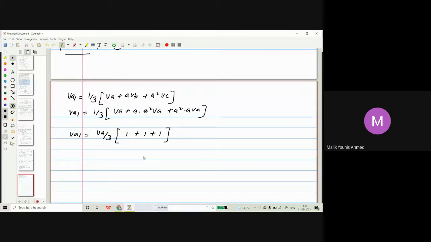Just a second. VA1 is what? Actually, VA plus AVB plus A square VC. So VA plus AVA plus A square VA. Something is wrong here. Just a second.